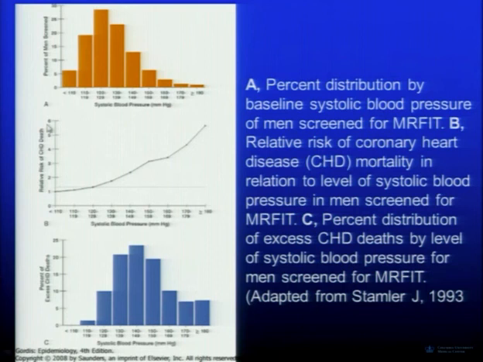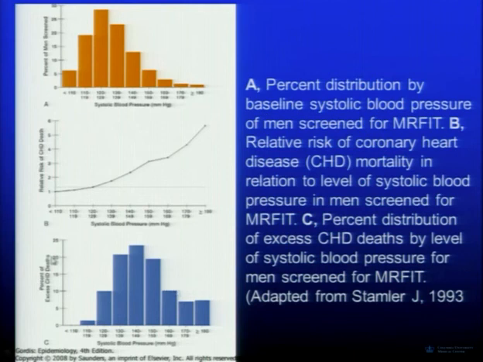Then you look at the relative risk of coronary heart disease death, and you can see that as the blood pressure goes up and up here, you get a higher and higher risk of death. So if you look at where 140 is here, almost all of this really high elevation in coronary heart disease death is related to those with the blood pressure over 140.